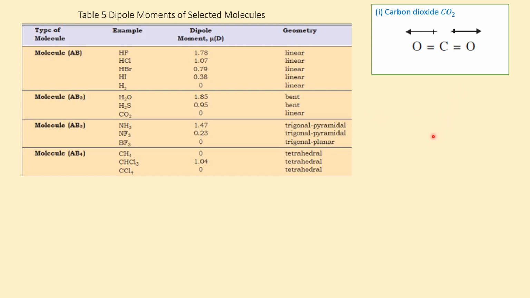The dipole moments of both the double bonds between C and O have the same magnitude but are in opposite directions, as seen in the insert box on the right hand side of your screen. Hence, dipole moments in opposite directions cancel each other. The net dipole moment of CO2 is 0.